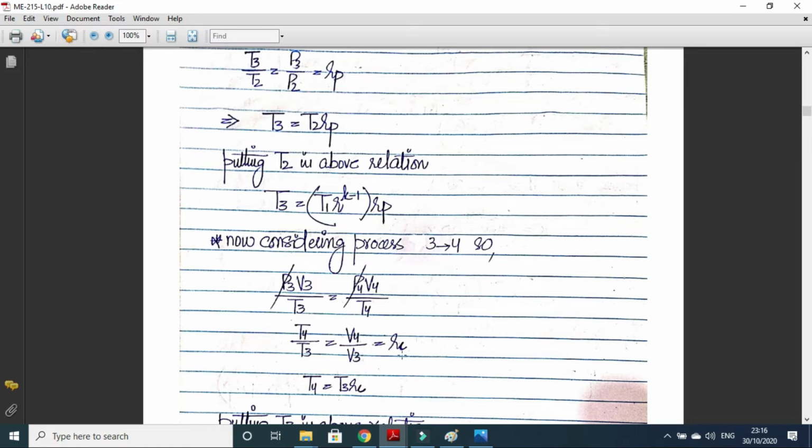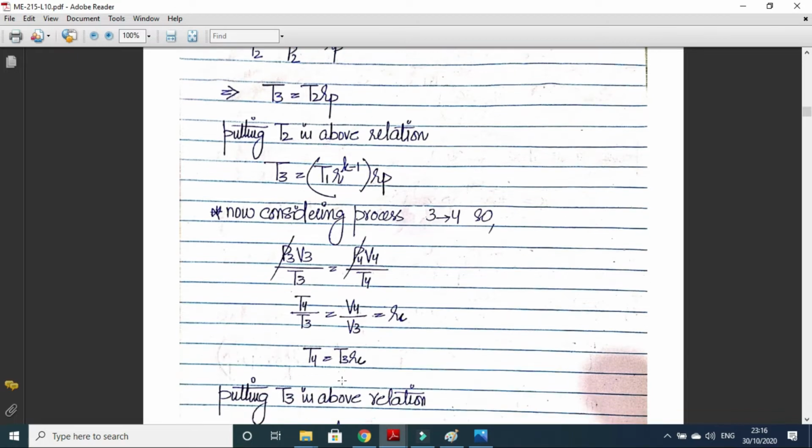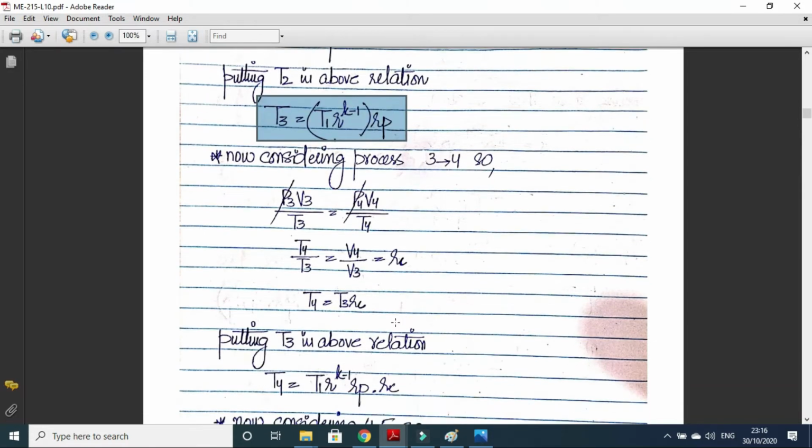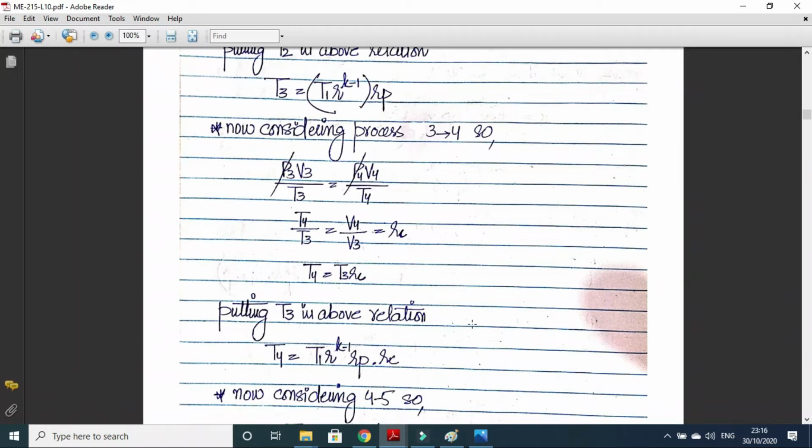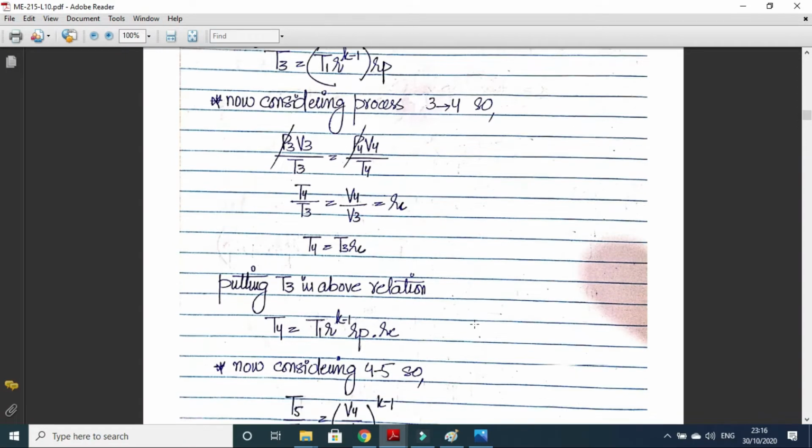So V4 upon V3 is the cutoff ratio. So T4 will be equal to T3 into Rc, and T3 is this, so we can put the value: T4 is equal to T1 R to the power K minus 1 Rp Rc.